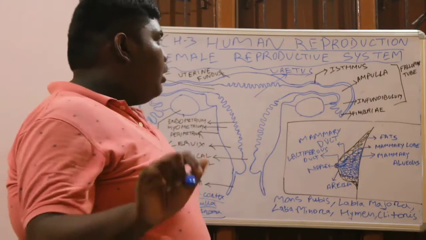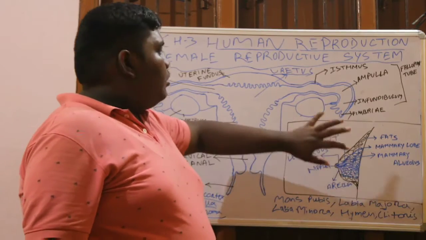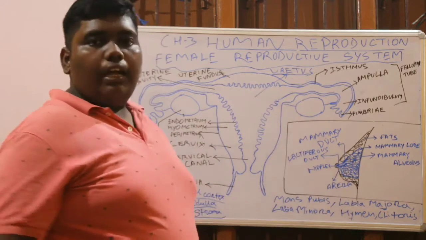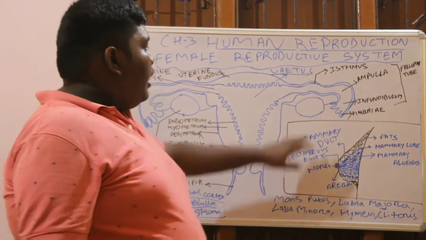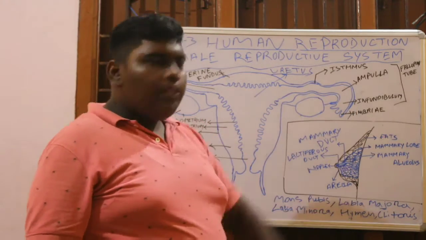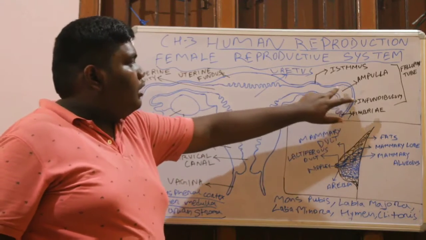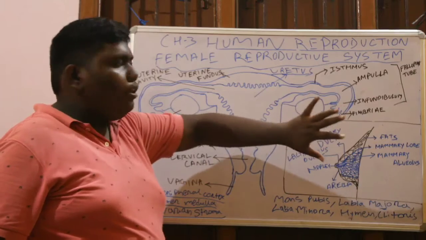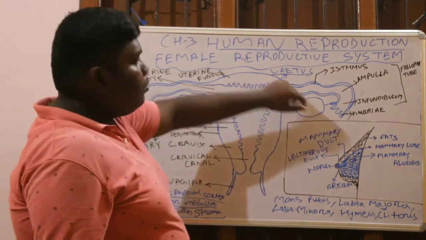The function of the fallopian tube is to transfer the ovum from the ovary to the uterus, and also to provide a pathway for the sperm, and fertilization also takes place in the fallopian tube. After the fertilization takes place here, the zygote that is formed moves from this region and reaches the uterus.